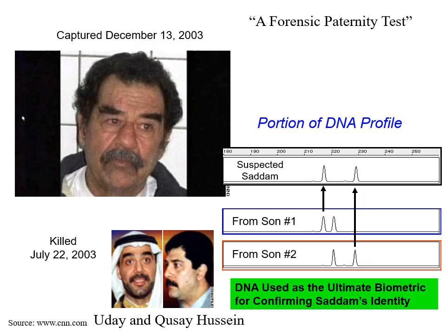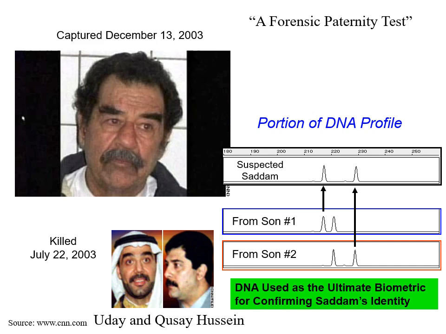In the previous tests, which have already been discussed, the idea was to confirm or exclude paternity. So to confirm if a potential man is a father or to exclude that a potential man is a father for the child. But it can also be the other way around, and it was the case in 2003 when they captured the man suspected to be Saddam Hussein, but the identity was not confirmed.